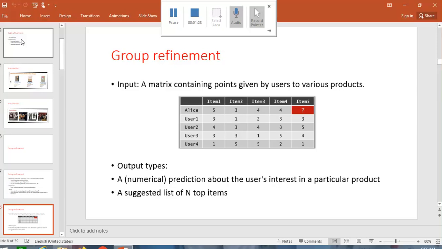In a way, this method is a targeted advertisement. For example, the user Alice has bought 4 products and rated them, and has not bought the 5th one yet. In this matrix, rows are users and columns are products. This matrix is sparse.